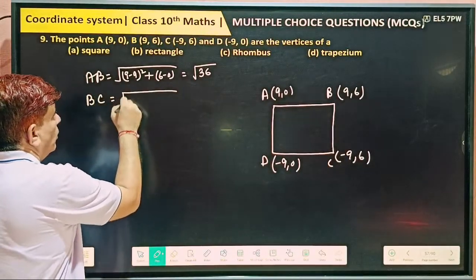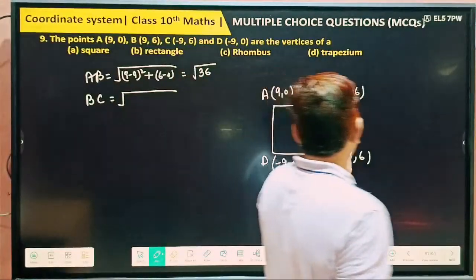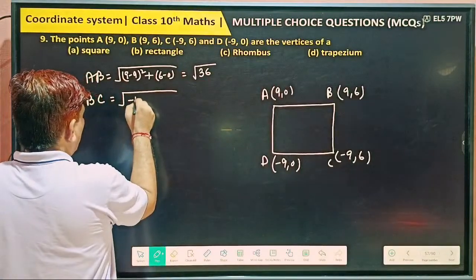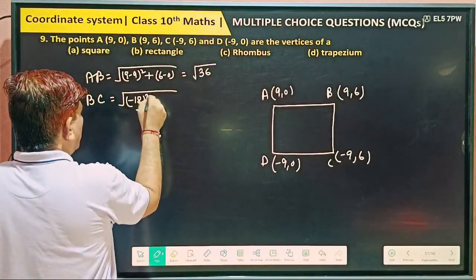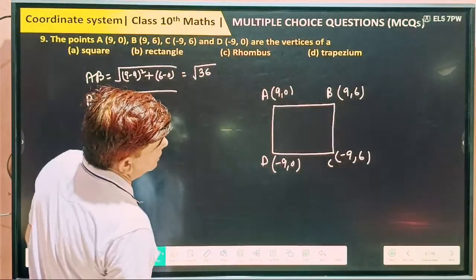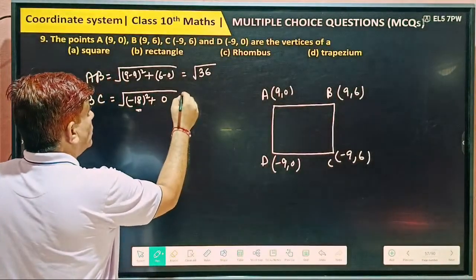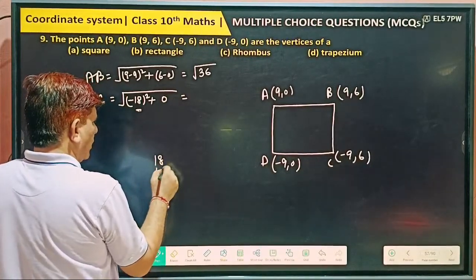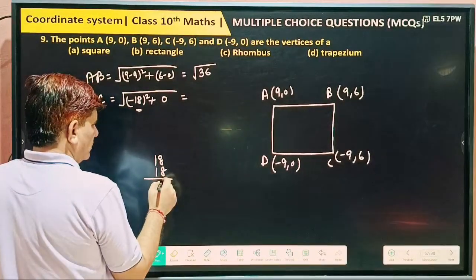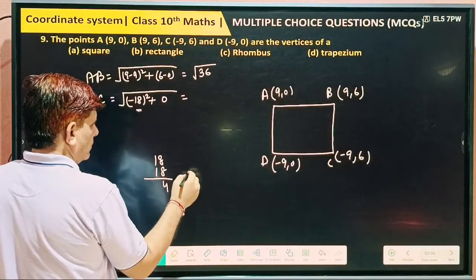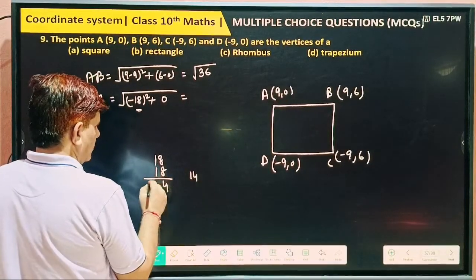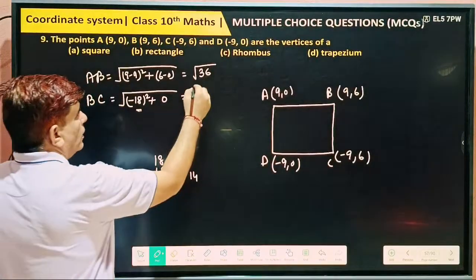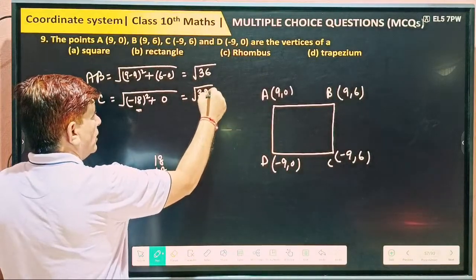BC equals (minus 9 minus 9), which is minus 18 whole square, plus (6 minus 6), 0, is equal to the square of 18, 18 into 18, which is 324, under the root 324.